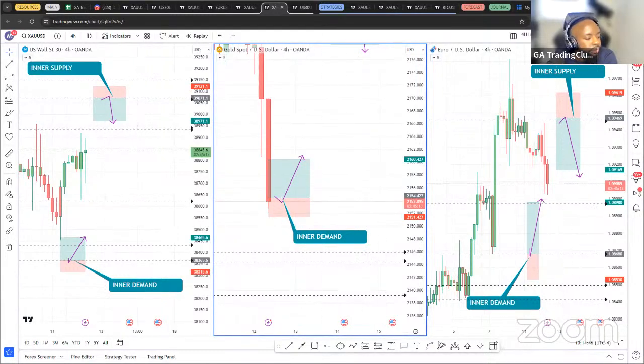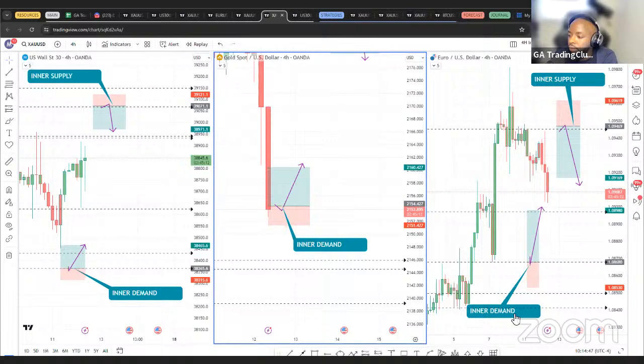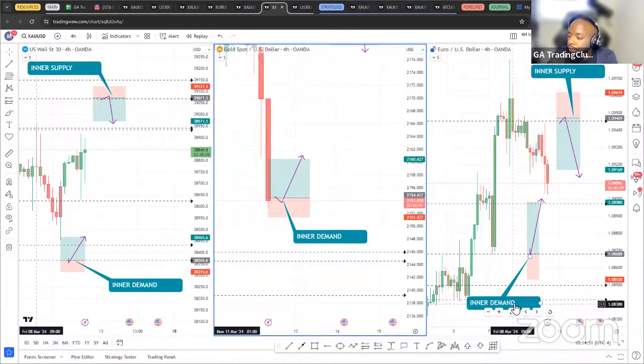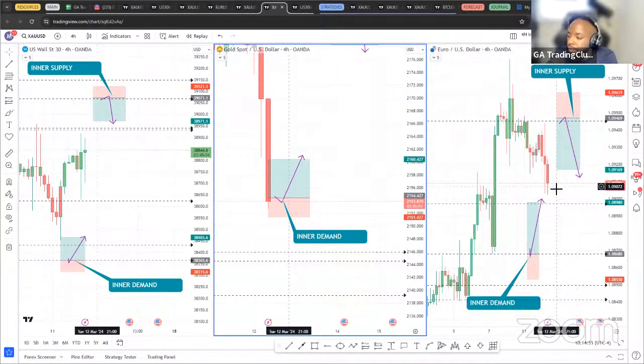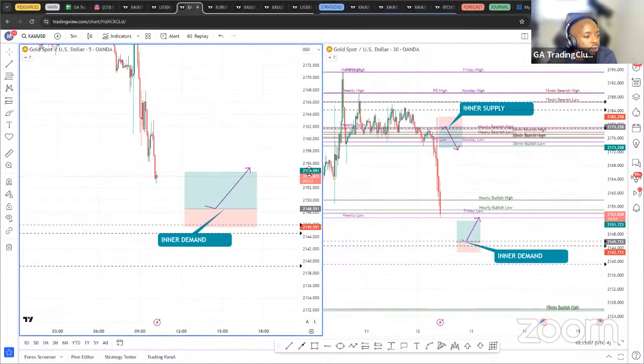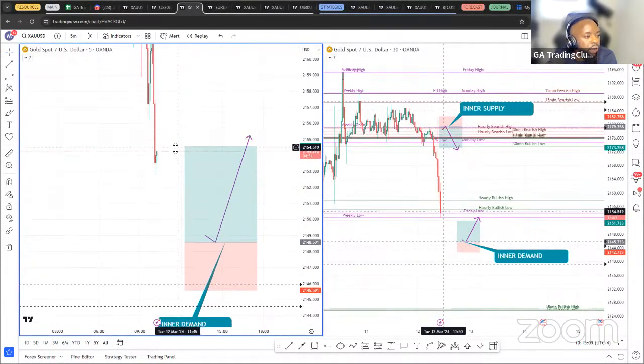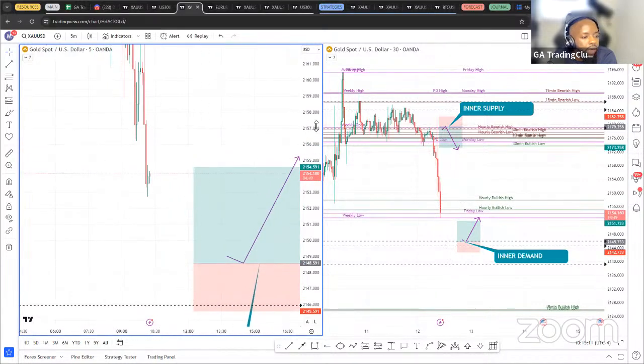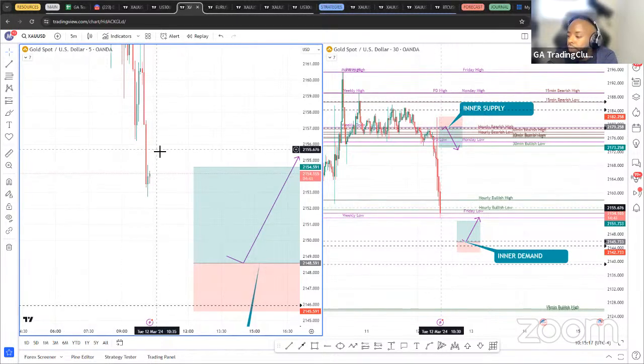Come on. So let's see if we start getting higher lows and higher highs here, that would be a nice sign of a reversal here on the 5 minute.